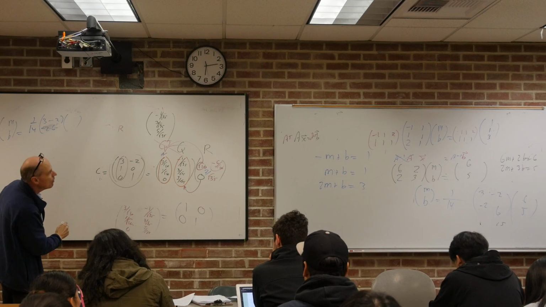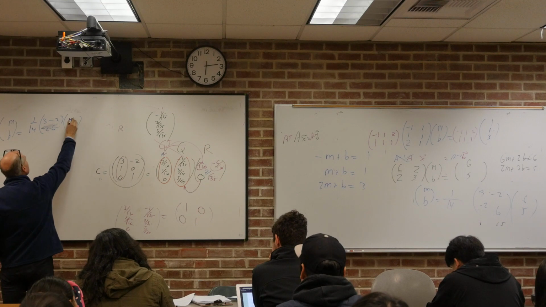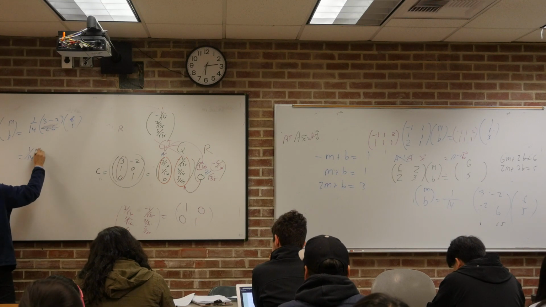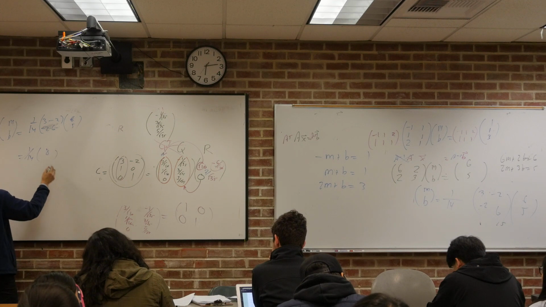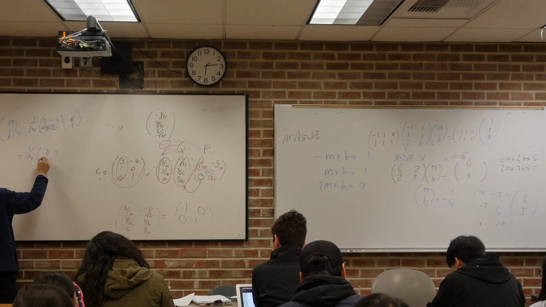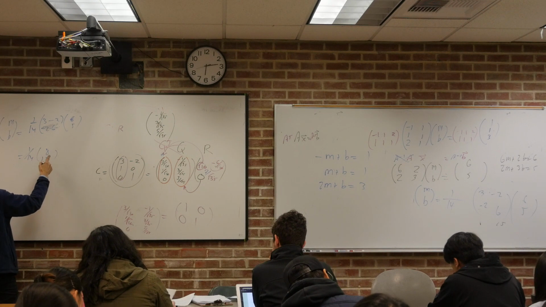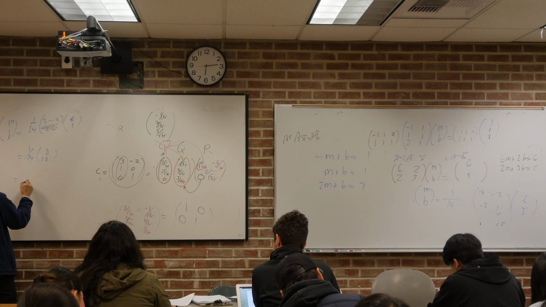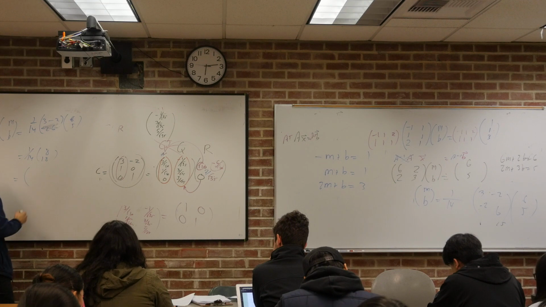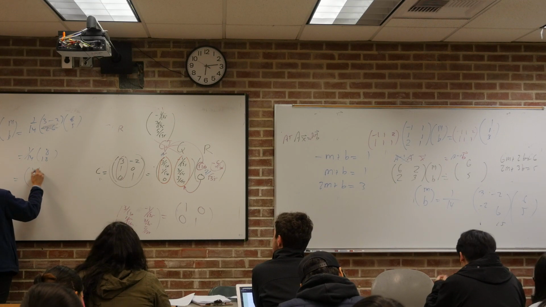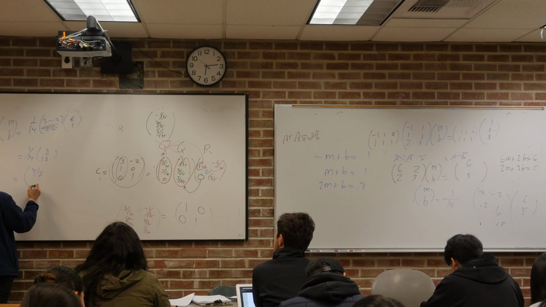And 6, 5? Yes. This is 1 over 14, 18 minus 10 is 8, negative 12 plus 30 is 18. Yeah. Negative 12 and 30 is 18. So this, you guys like fractions, is 8 over 14, which is 4 over 7.